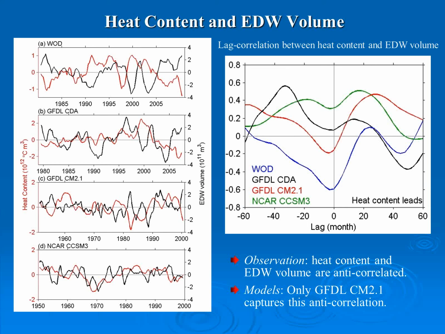What are the physics for the anti-correlation between the heat content and the 18-degree water volume? Well, basically the 18-degree water is in the lower water column, kind of a cold water part. The heat content is from the surface to where? To 700 meters.